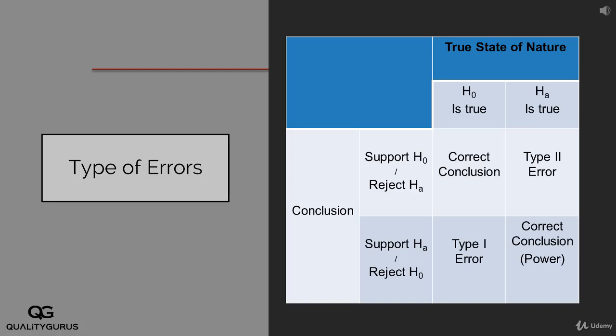And that's what we are discussing here, the types of error, type 1 error and type 2 error. So if you look at this table, here I have the true state or the nature. This is the fact. The fact could be that the machine has changed or the fact could be that the machine has not changed. The machine is still producing 150 or the machine is not producing 150 cc on average.